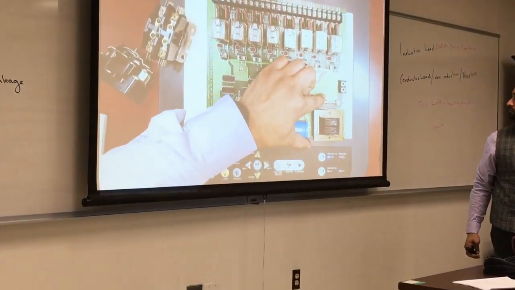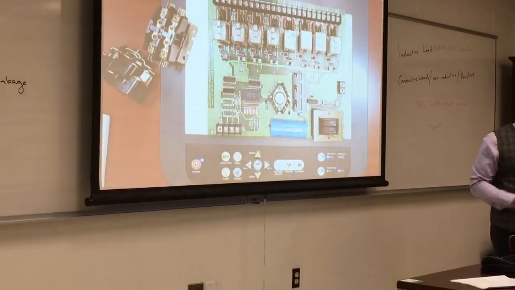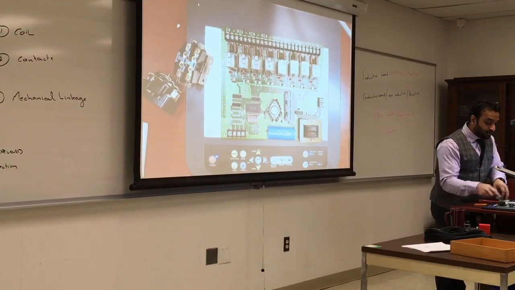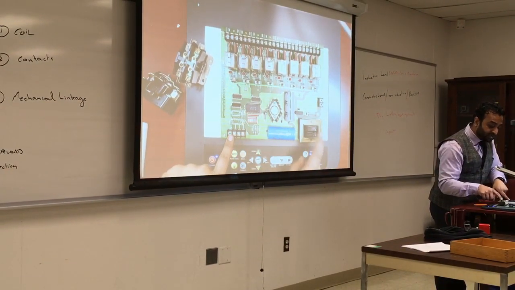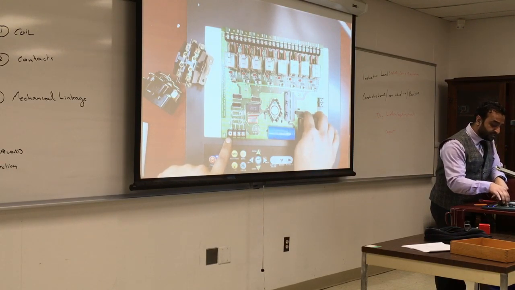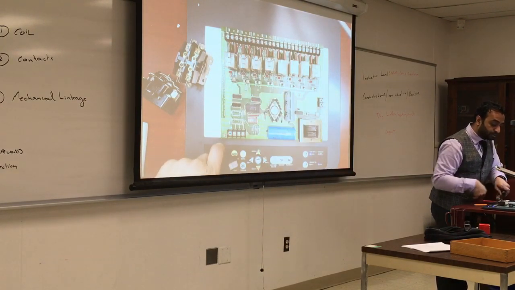This is the fuse. And this fuse is protecting the entire electronic component. It is not connected to the inductive load over here. So this is just to protect the circuit inside the board.